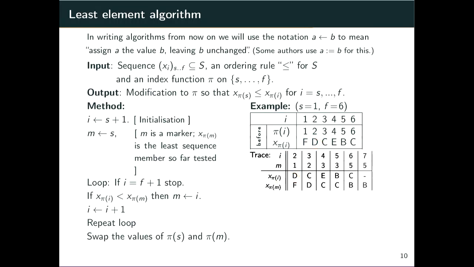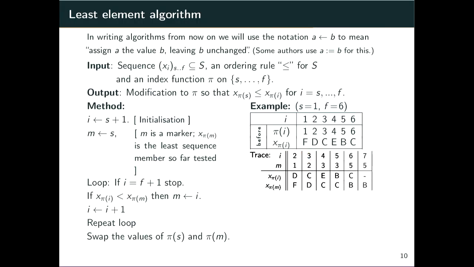X pi 2 is exactly this one here. X pi m is the first one. Which ones are smaller? Obviously D is before F in the alphabet. So that means we're going to change m to the I that we've just compared it to. So we change m to 2. And then we move I from 2 up 1 to 3.